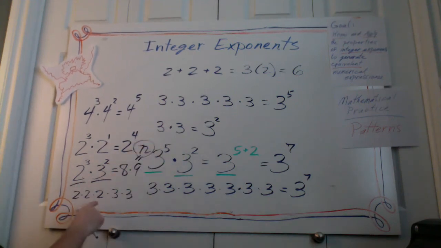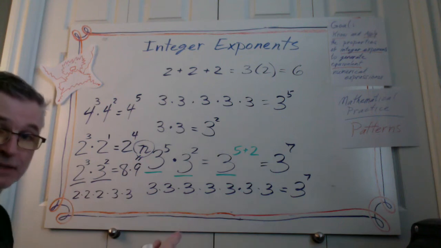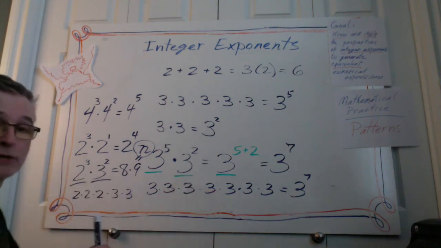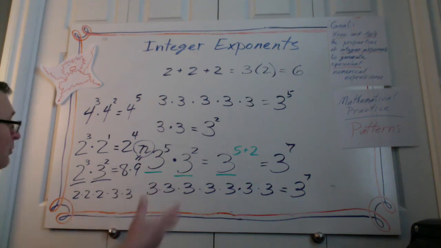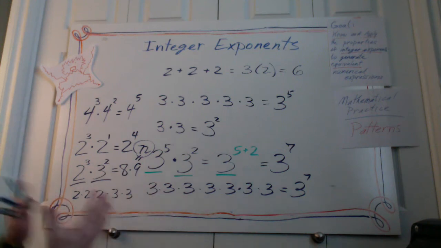And if you look at this, 2 times 2 times 2 times 3 times 3 is 72. And if we had mixed this together and made it a 6 and put it to the 5th power, 6 times 6 is 36. And then you multiply that by 6, you're over 180, right like that in the third exponent. And it's just not going to work.